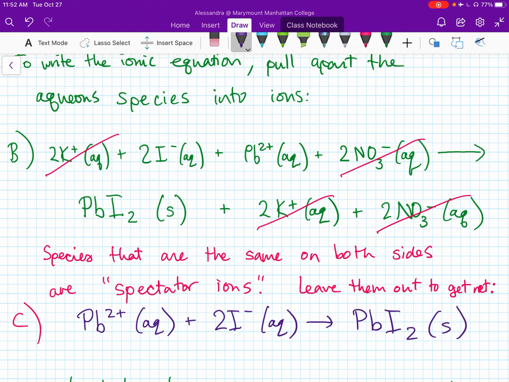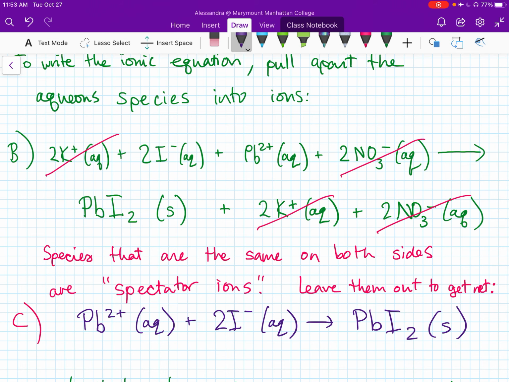So this would be the net ionic equation. The net ionic equation focuses in on the action. The action is where I have the lead ions and the iodide ions coming together to make the solid. So this would be the net ionic equation for that precipitation reaction, and it leaves out the spectator ions.